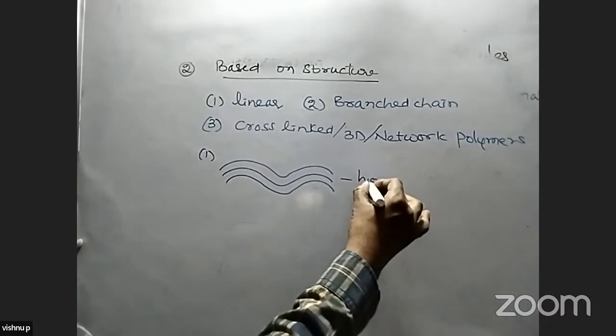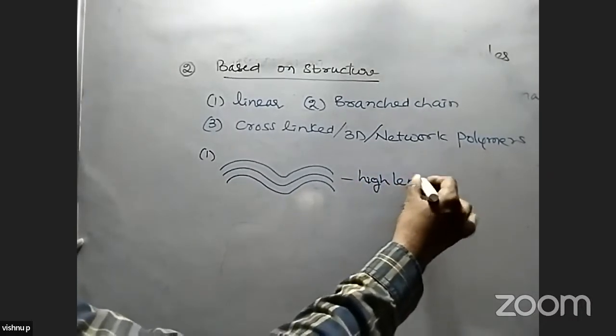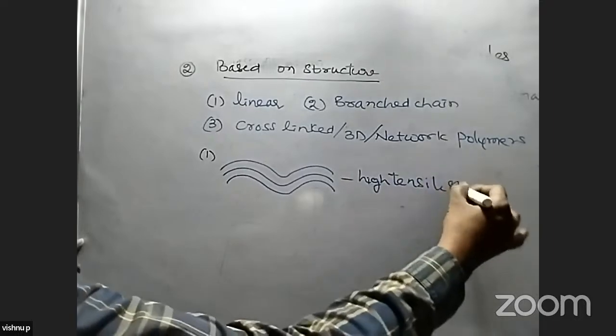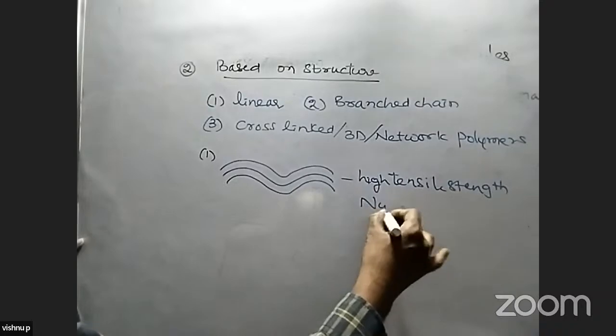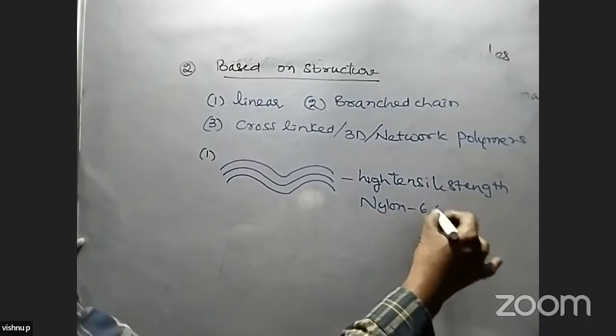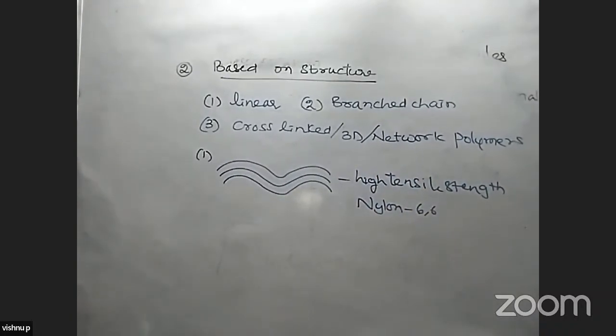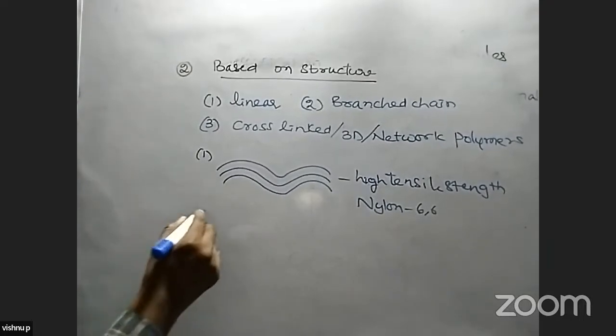An example for this polymer is nylon 6,6, an example for linear polymers.